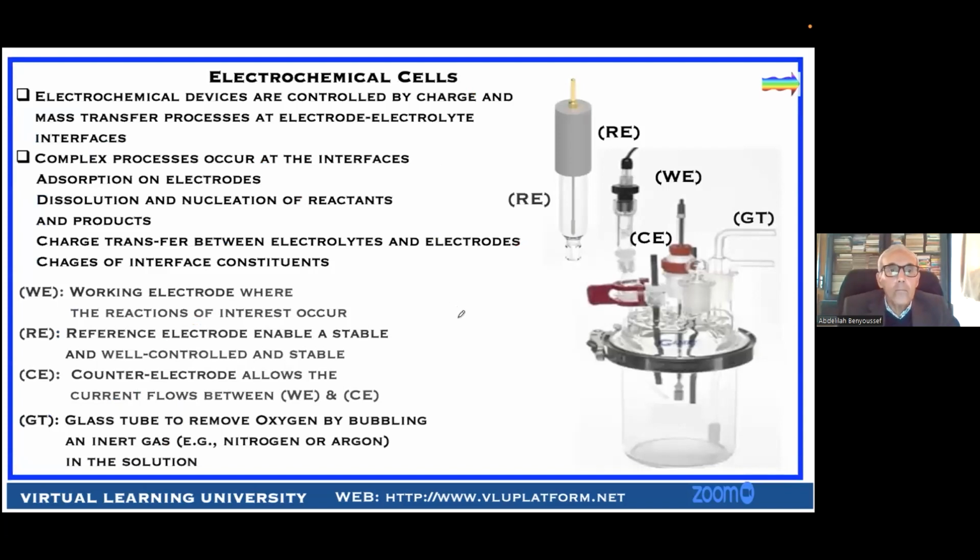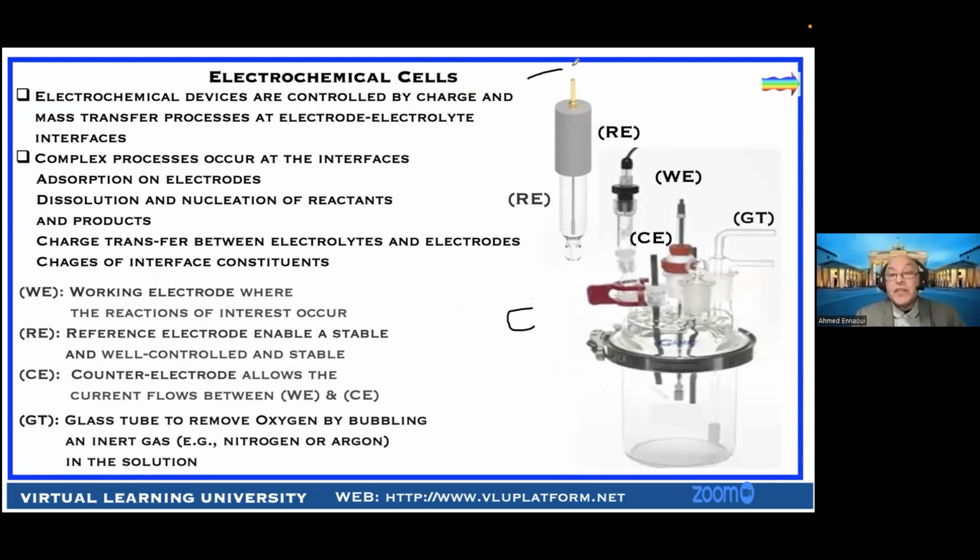Now, I want to show you some slides which show you what we can do in the lab. Here you see an electrochemical cell with 3 electrodes. One is the counter electrode. We always use a carbon electrode as the counter electrode. There is a reference electrode, like I showed you.